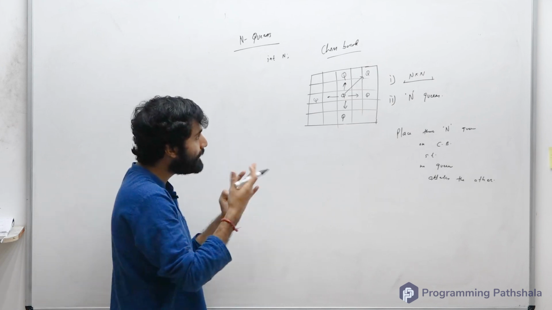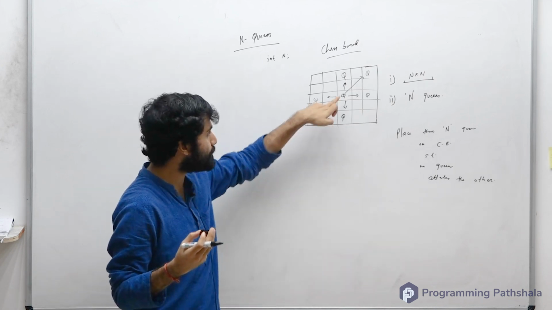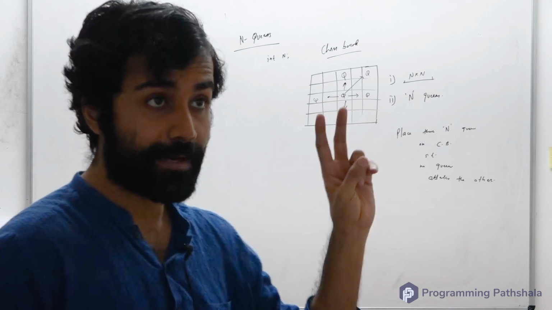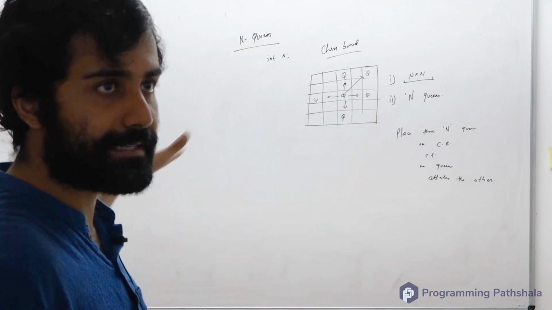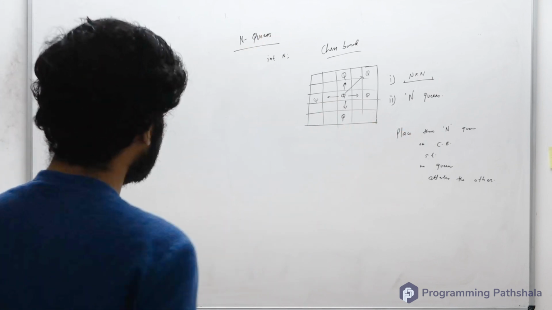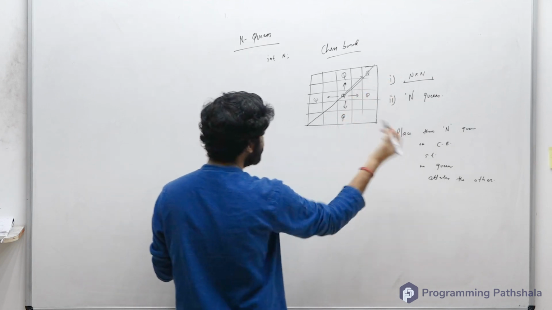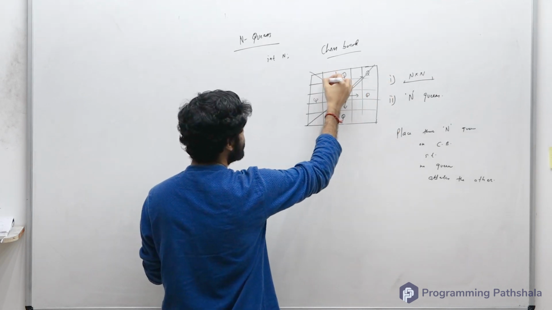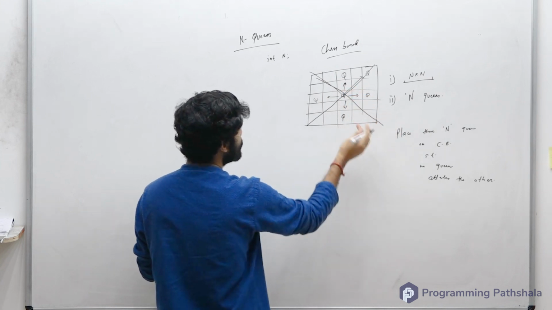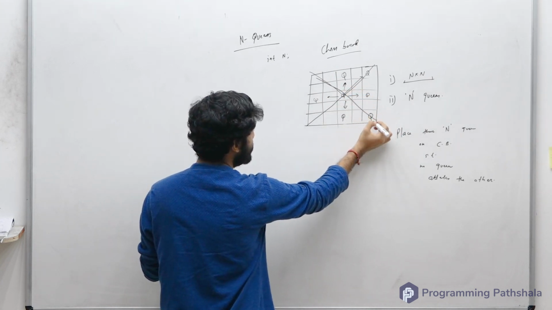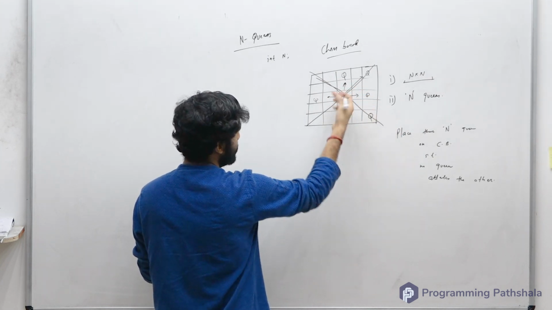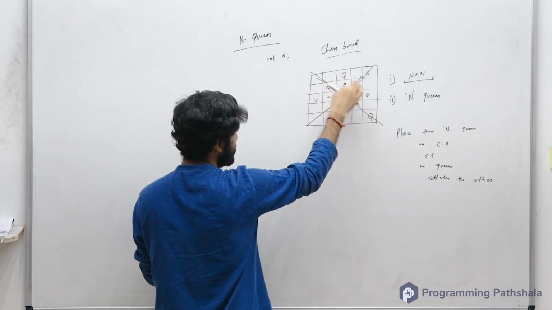How many diagonals can you see with respect to any cell? There can be two diagonals: the first is the major diagonal and the second is the minor diagonal. Because if you say this is a diagonal, then what prevents you from saying this is also another diagonal? So if there is a queen sitting over here, there will be an attack, and if there is a queen sitting over here, again there will be an attack.